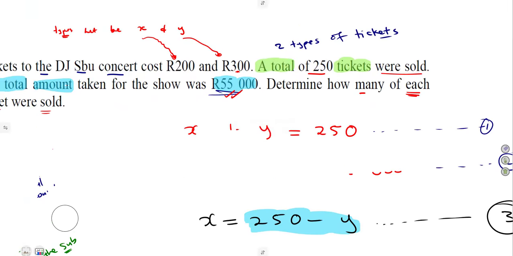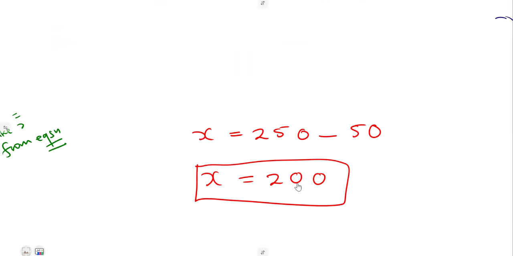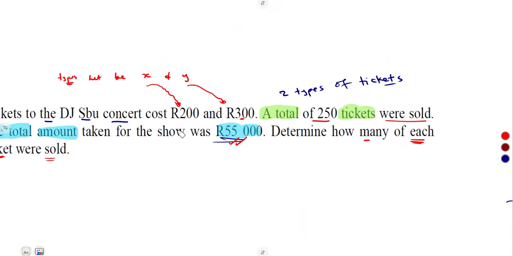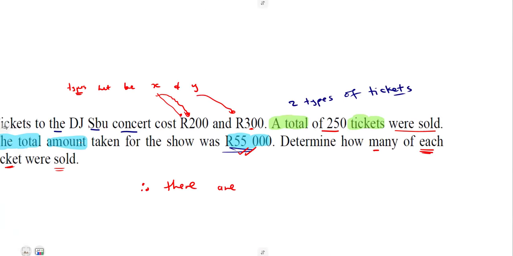So X is 200, and there are 200 of the 200 Rand tickets.